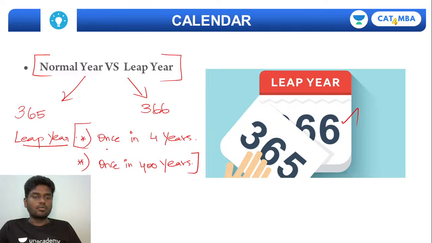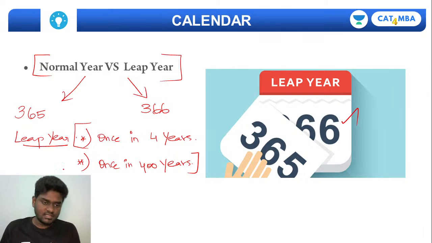Let's see, for example, how to easily find whether a given year is a leap year. Listen very carefully. Let's take the year 1996. If I ask you whether it is a leap year or not, simply divide by 4, and it gives exactly 499. So if a normal year is divisible by 4, then I can say 100% that the given year is a leap year.